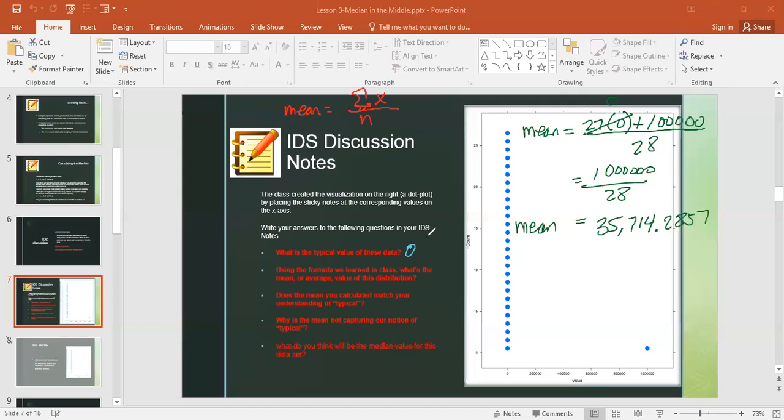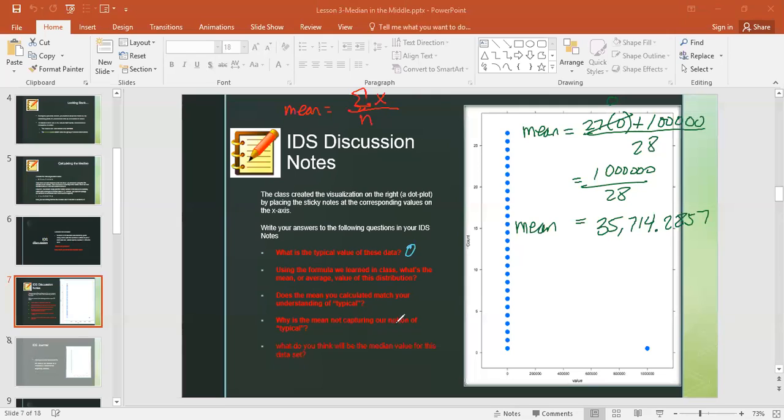We said that our typical value for the data is probably 0 because there's a lot of zeros there and 1 million. But if I use that 1 million and find the mean, it comes out to 35,714. It's not even a number that's in our data. We're not even close. There's no numbers even close to that number in our data.